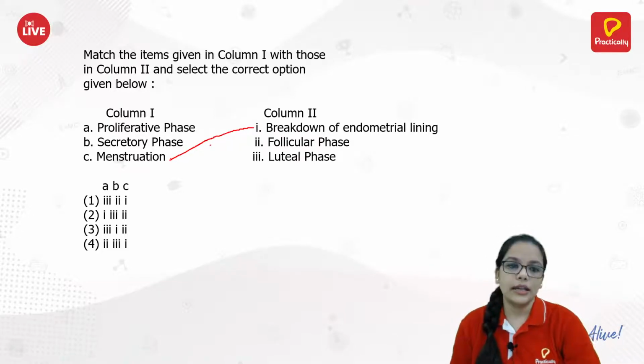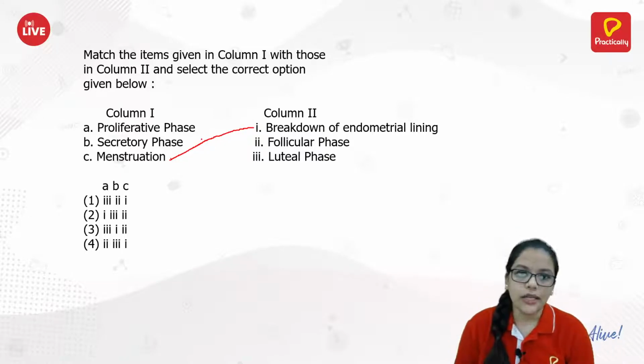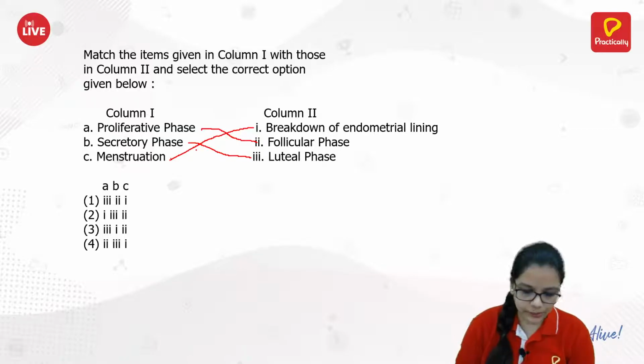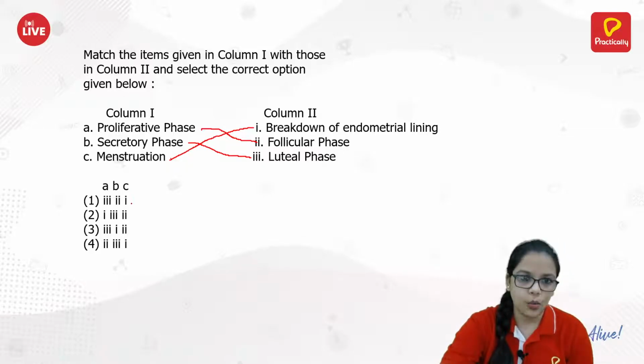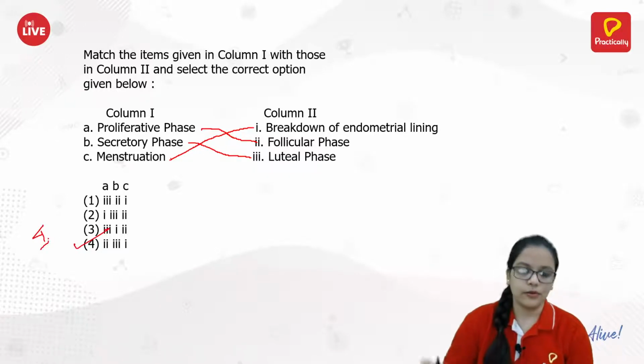Now, what is proliferative phase? Proliferative phase is the follicular phase, and secretory phase is the luteal phase. So let's see, C is 1, can be both 1 and 4. Let's see, A is 2, 4. So the answer is 4.